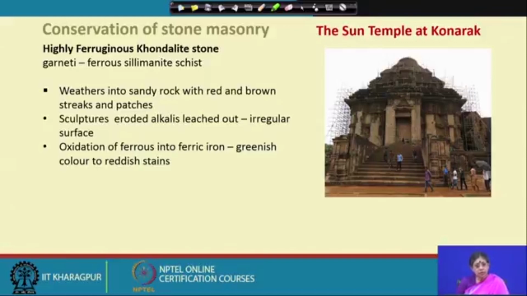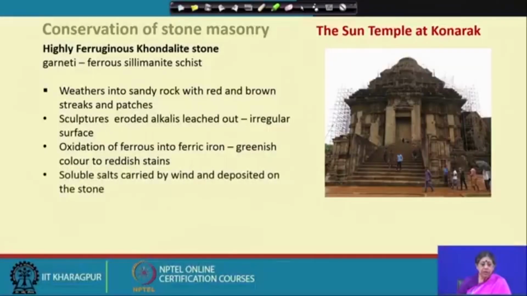There was oxidation of ferrous into ferric iron, changing the greenish color to a reddish tint. That is what happened because of the chemical changes due to the composition of this type of stone. And the soluble salts, since the location is very important, it is very close to the sea, were carried by the wind and deposited on the stone, which caused further problems.